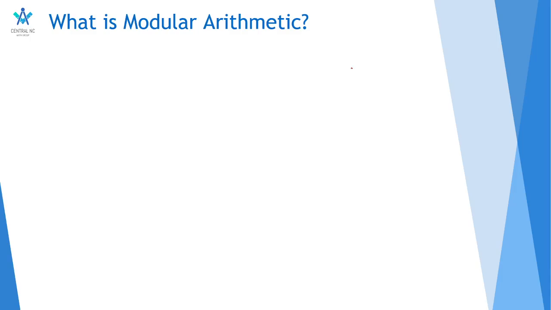So how do we use this? Well, let's take, for example, 16, and we'll take it modulo 5. What this quantity is asking us to find is what is the remainder when 16 is divided by 5?